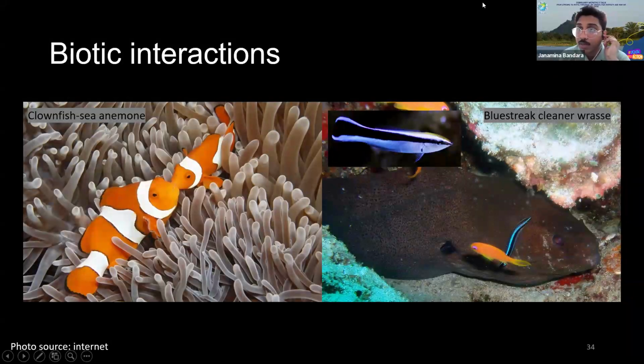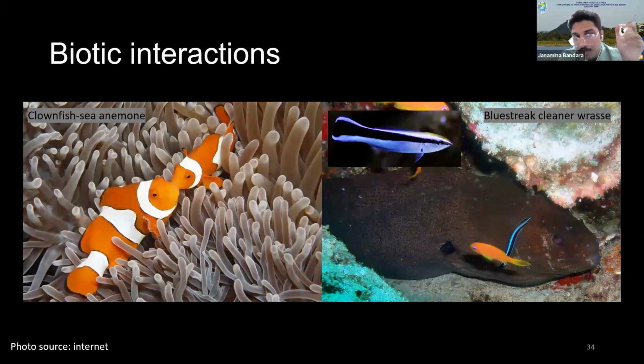Another interaction is with the cleaning wrasse. This species does not spend much energy just searching for food, but instead they are the cleaning staff in the reef ecosystems. They stick to a larger fish or whatever fish and feed on the parasites and other small planktons.